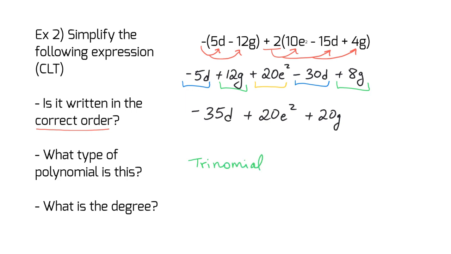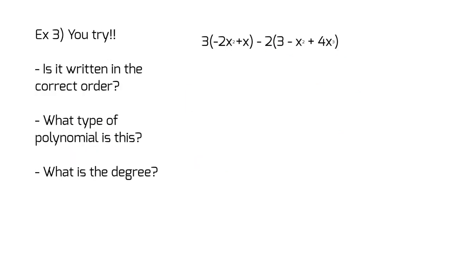Well, let's take a closer look. This has a variable, degree 1. This has a variable, degree 2. And this has a variable, degree 1. We pick the highest one, so this is degree 2.